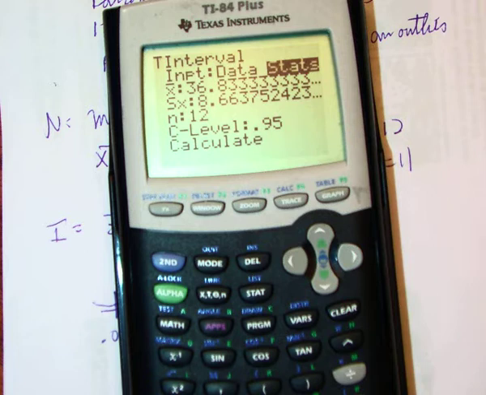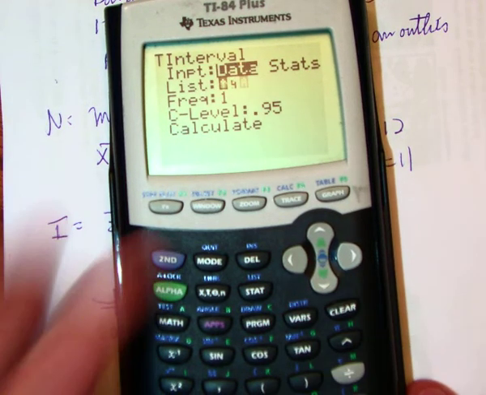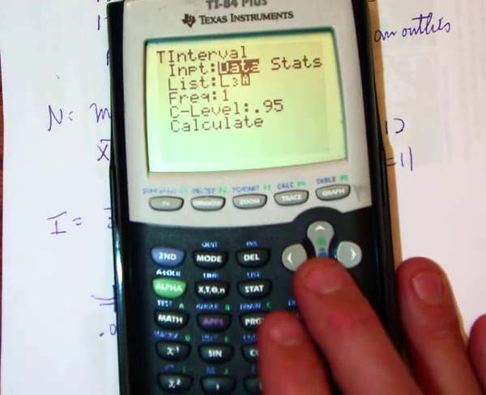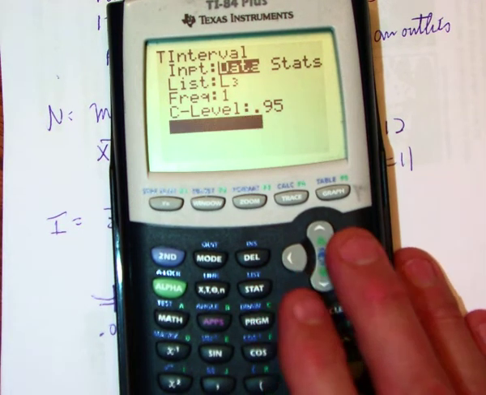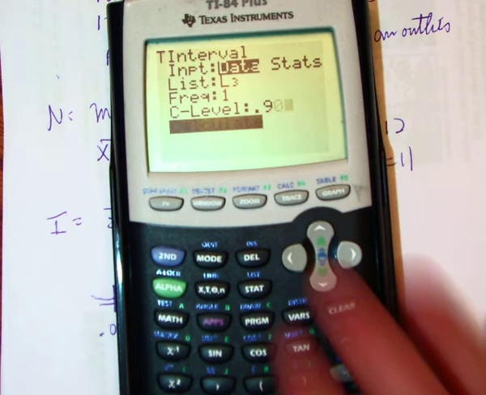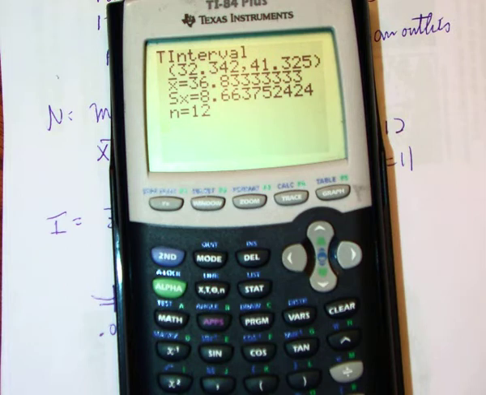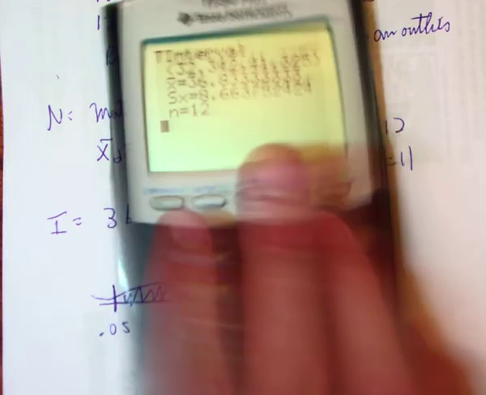Okay, at that point, now that you have the stats, you can put them in here. You could fill in x bar, standard deviation. The thing is, we rounded them, so I'm going to use the data. I want to use the data in L3, and I want to do a 90% confidence interval. That's my deal, okay, and that calculates. So that's 32.3 to 41.3.